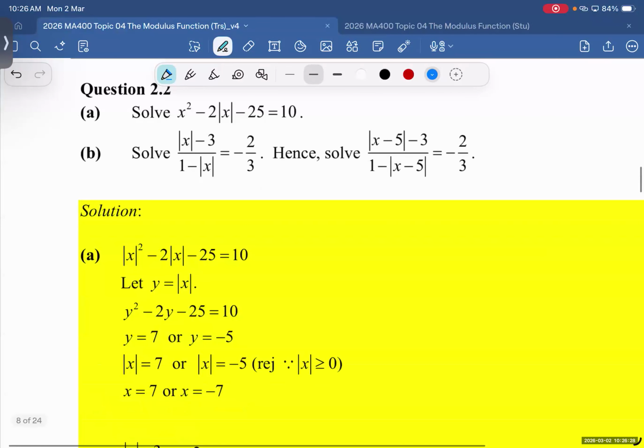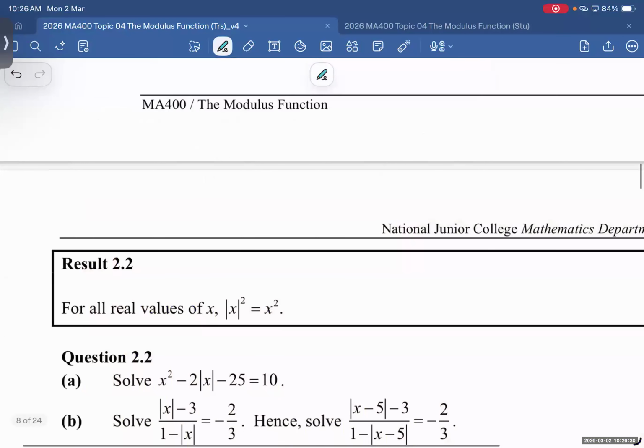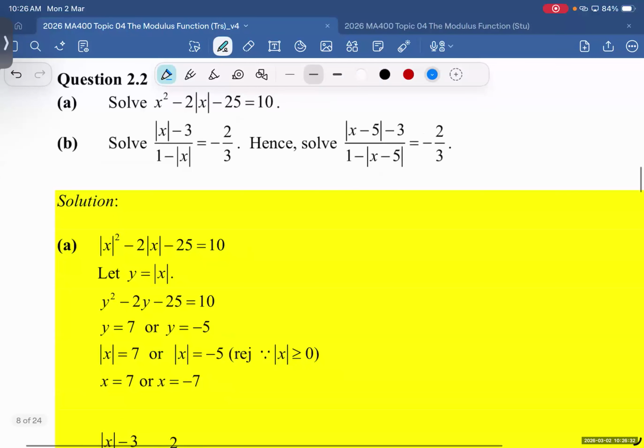So, given this result, what I'm going to do, I'll change square to modulus square. This is an equation with the same variable. Now, same variable, then you can see I just have one modulus x. Because of modulus, it cannot be negative. That's a faster way.